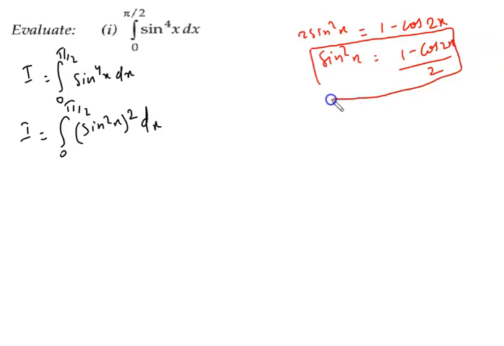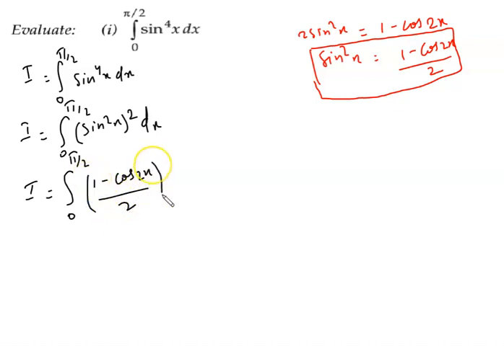So what we can write here, guys? We can write I is equal to the integral from 0 to pi by 2 of ((1 minus cos 2x) by 2) whole square dx.